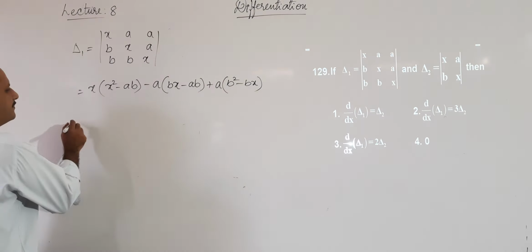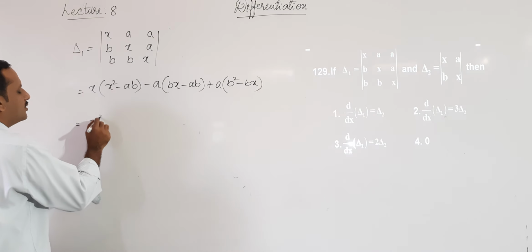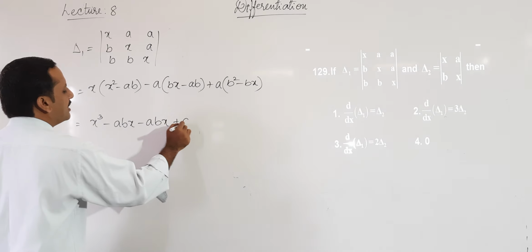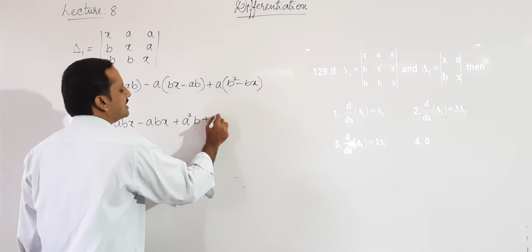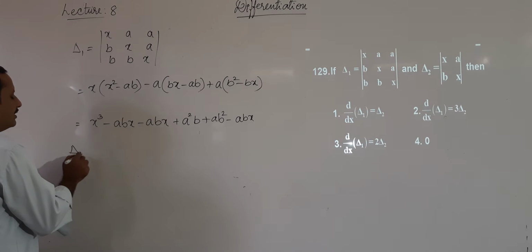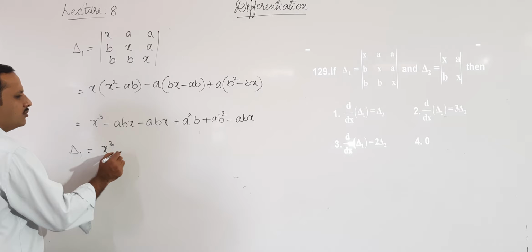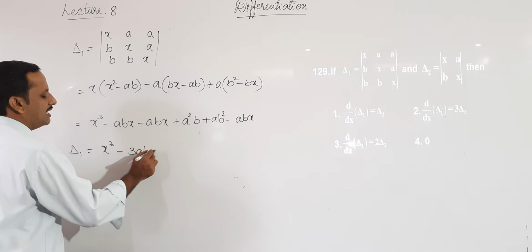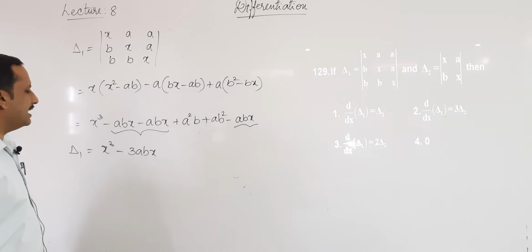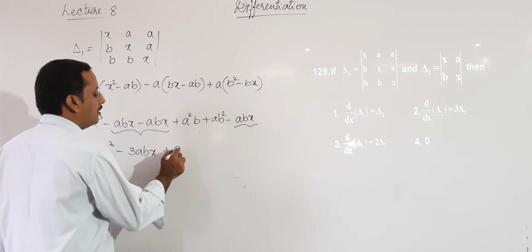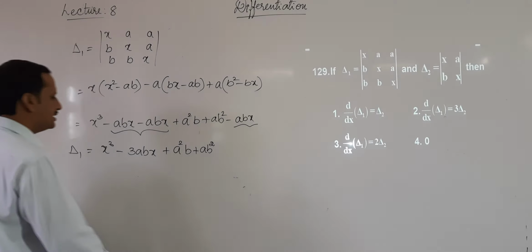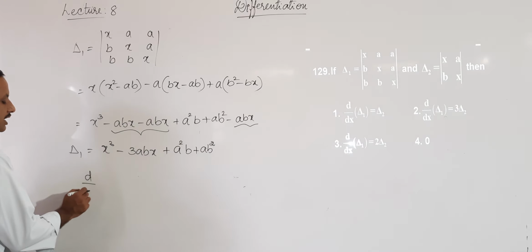This will give us, simplify, x cube minus abx minus abx plus a square b plus ab square minus abx. Together we get delta 1 is equal to x cube minus 3abx plus a square b plus ab square. This is delta 1. Now differentiate this.